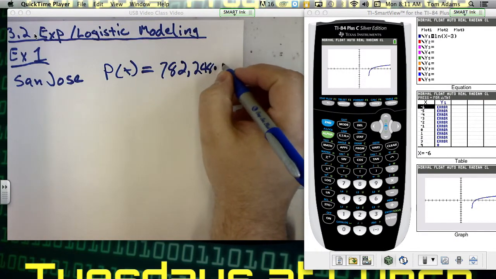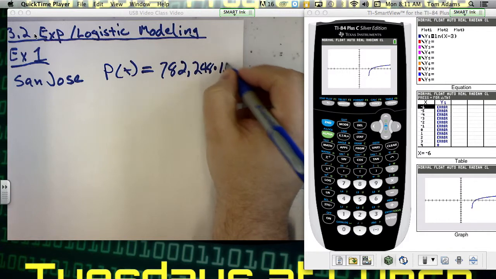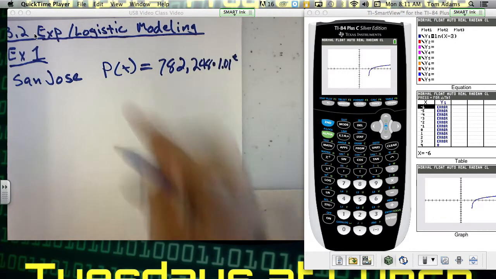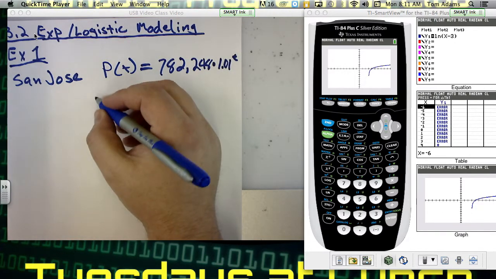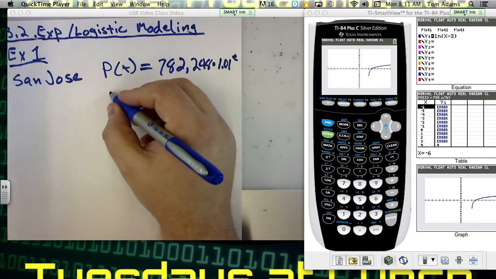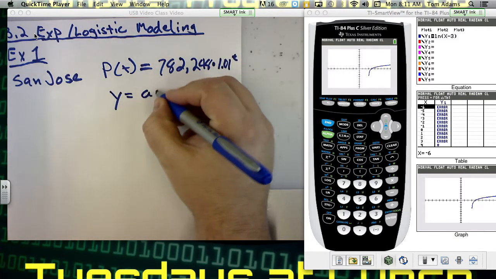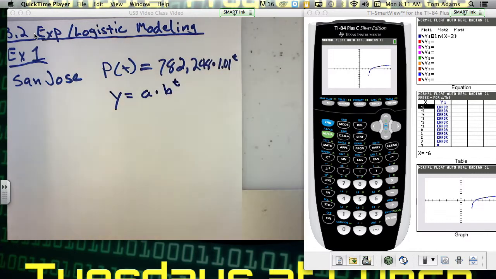Times 1.01, and I'm going to chop this off a little bit, raised to the t. Now remember, for an exponential function, that usually looks like y equals a times b raised to the t.